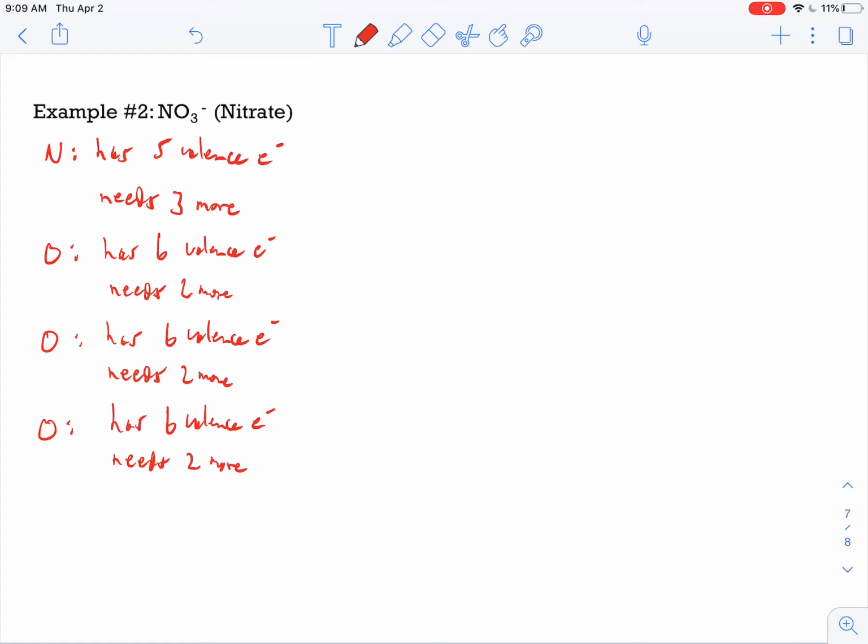And then the final thing, we have to add in the number of electrons due to our charge. We go back to our formula for nitrate. We see that we have a charge of -1. So our -1 charge tells us we're going to have to add 1 electron.